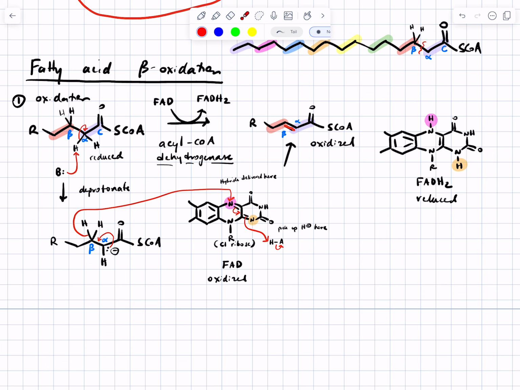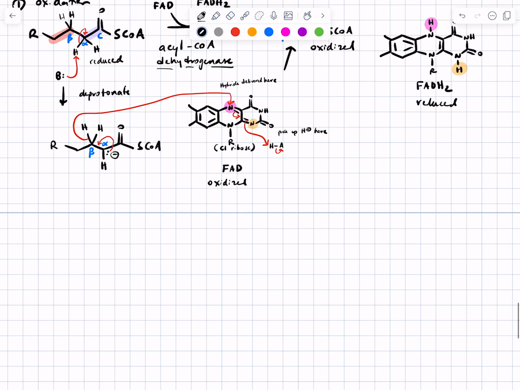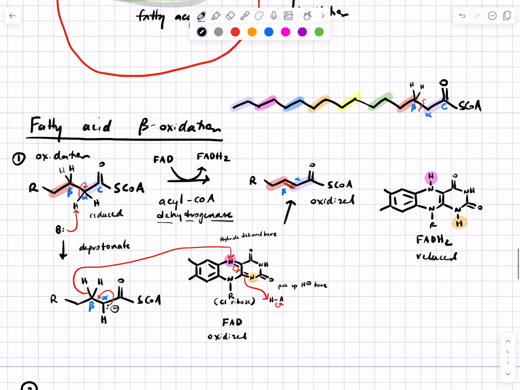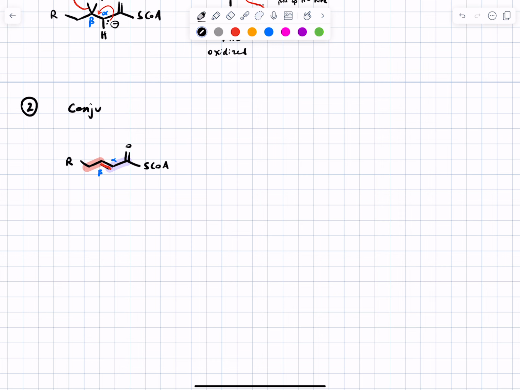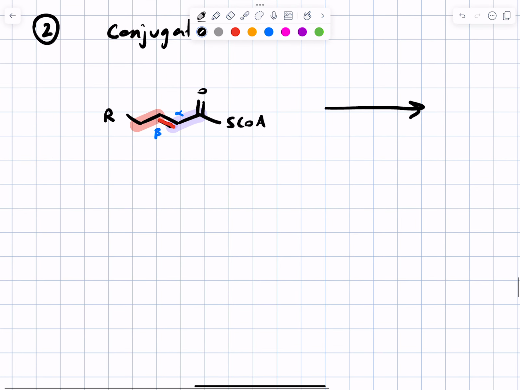All right, so with the fatty acid thioester now oxidized to the alpha beta unsaturated carbonyl compound, the next step is conjugate addition. So far, it's going to look like we're setting ourselves up to do a retroaldol reaction, because we're going to start with the alpha beta unsaturated carbonyl compound, and we're going to do conjugate addition of water at the beta carbon to get a beta hydroxy carbonyl compound.